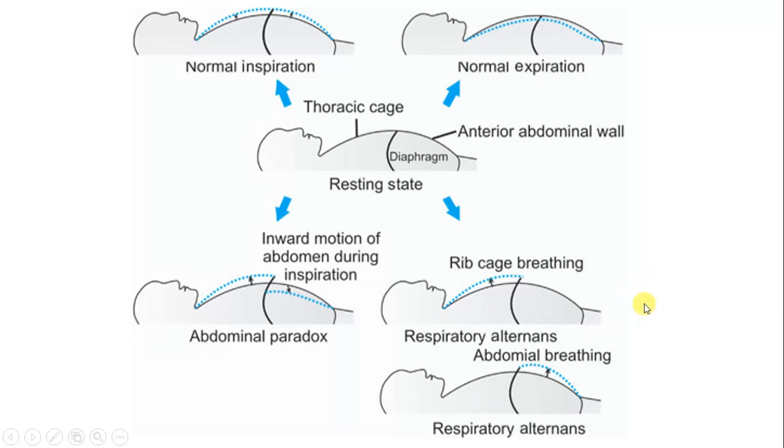Otherwise, in normal persons, this movement will occur during inspiration and expiration. So there are two kinds of movements, thoracic and abdominal. This movement is mainly thoracic, and this movement is mainly abdominal. And this is abdominal paradox.